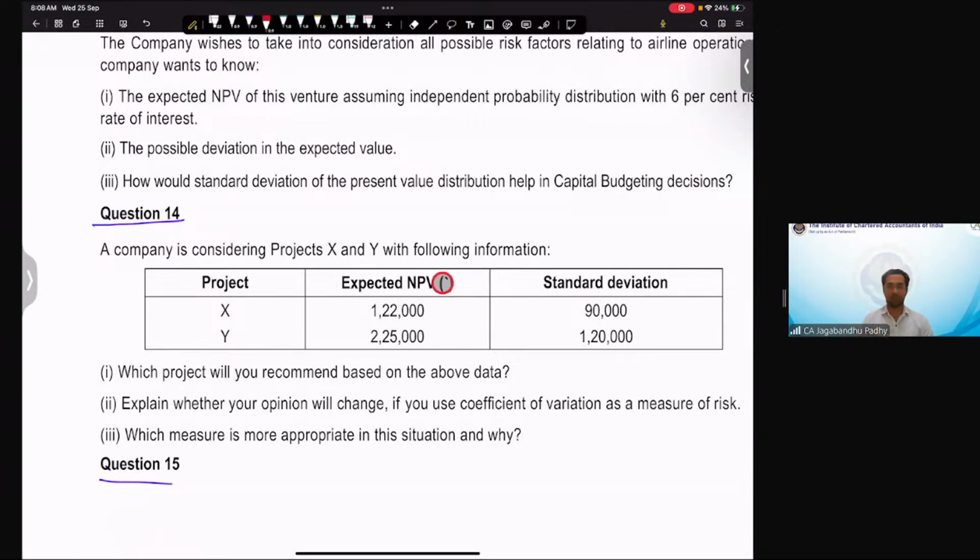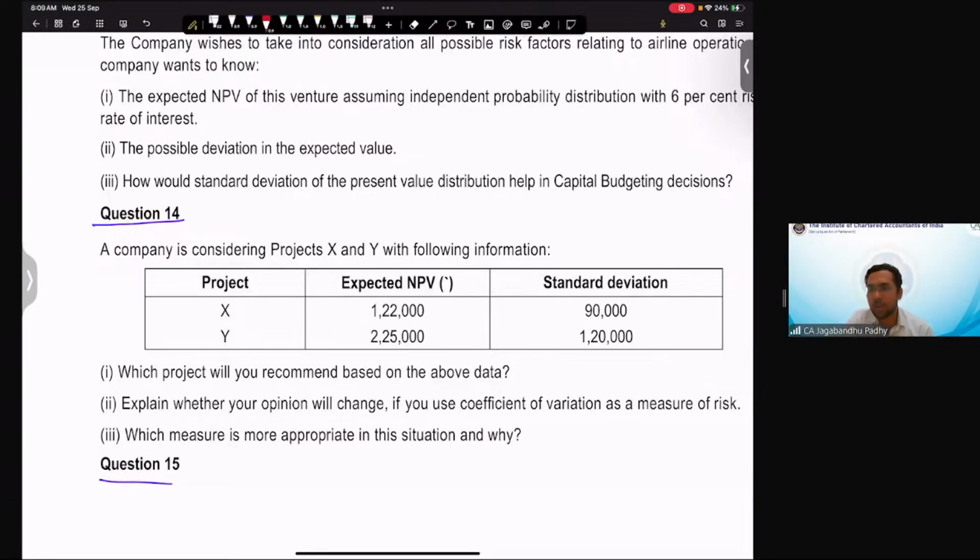Correct. Question 14. A company is considering projects X and Y, and the following information, the expected NPV and standard deviation, is given. Which project would you recommend based on the above data? Explain whether, in your opinion, the recommendation will change if you use coefficient of variation. Which measure is more appropriate in this situation and why? Calculate the coefficient of variation, guys.